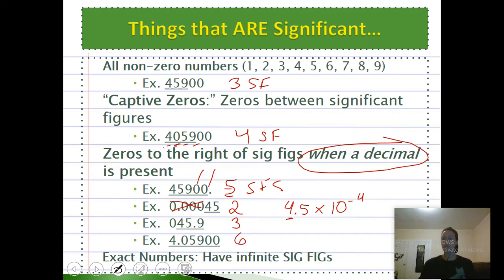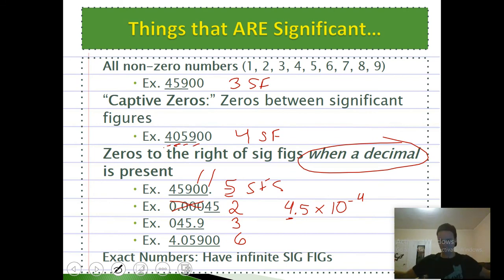Once again, a significant figure is just saying how many digits are present that you are actually able to count and measure. An exact number has an infinite number of significant figures. If I say there's one person in this room right now, it's not 0.99 of a person and not 1.05.